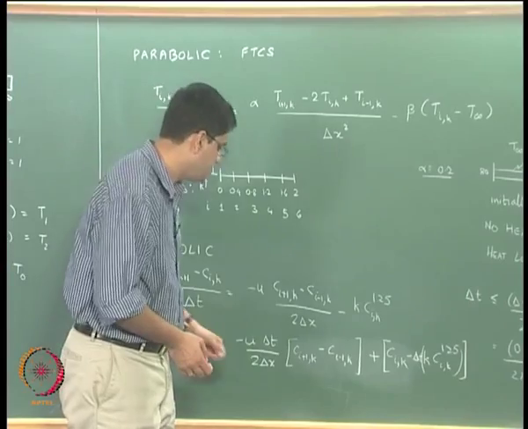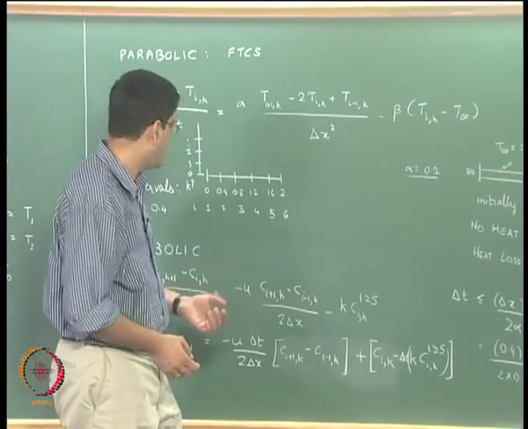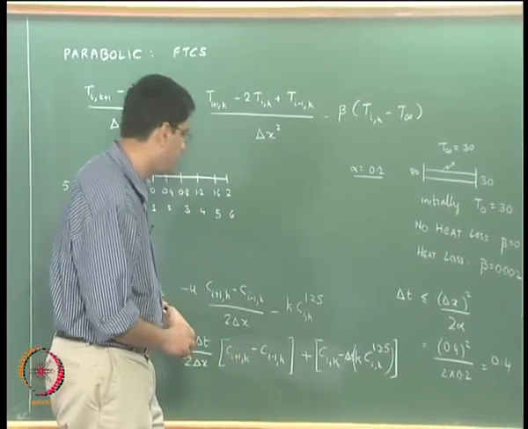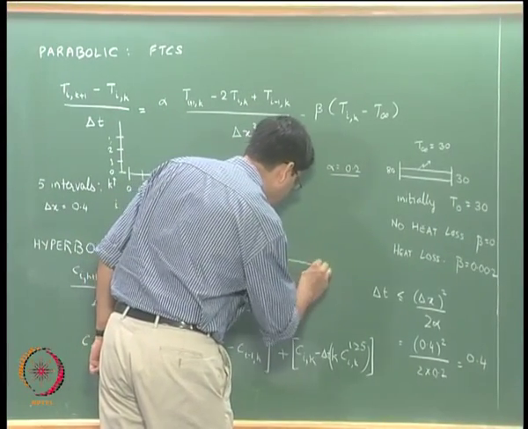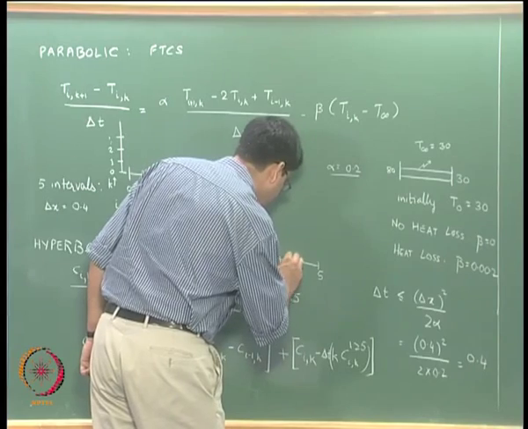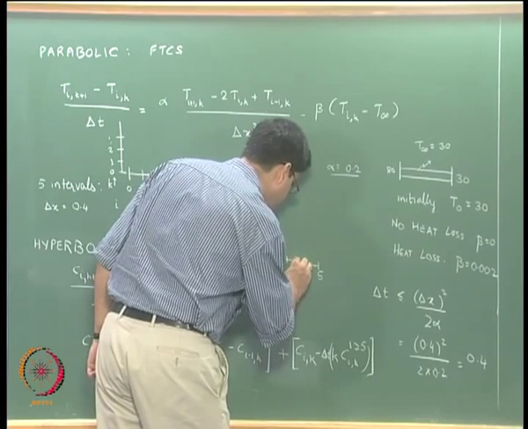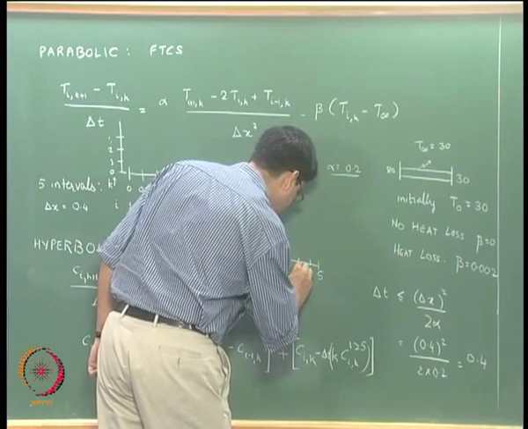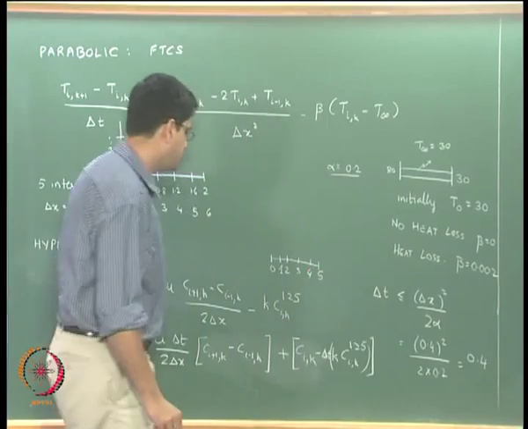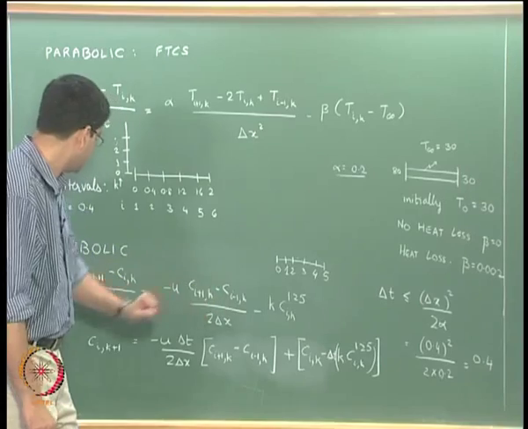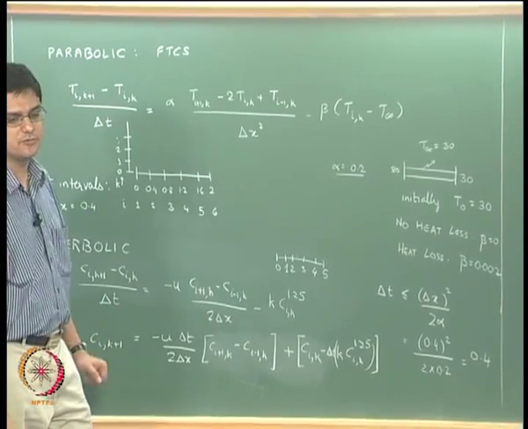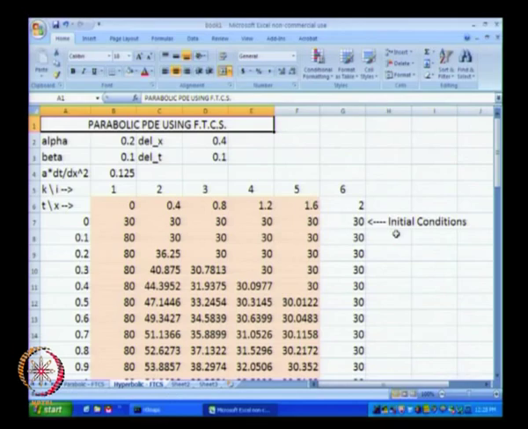Our delta x in this particular case is going to be equal to 1, because we are going to divide length 5 into 5 intervals, from 0 to 5. That is going to be our delta x. So, let us now solve this overall hyperbolic equation using Microsoft Excel. We will just modify the parabolic PDE using FTCS appropriately.